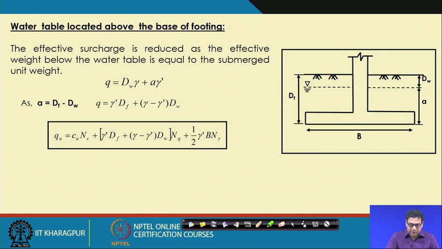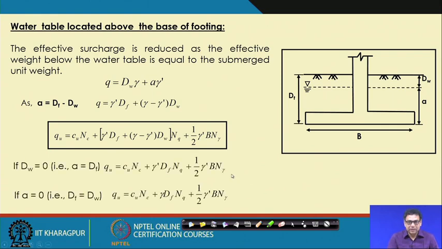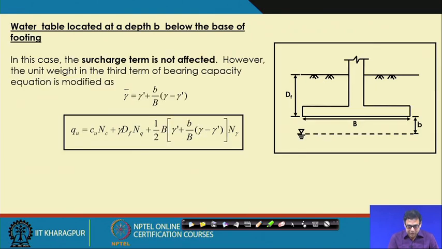And if it is below the base of the footing, then the second term will not be affected, but the third term will be affected. So, that method I have discussed. You can apply this for all the other methods except the IS method. Remember that. If it is the IS method, then this methodology you cannot use, because that is the recommendation. You can use this for the other methods. These things I have discussed already.